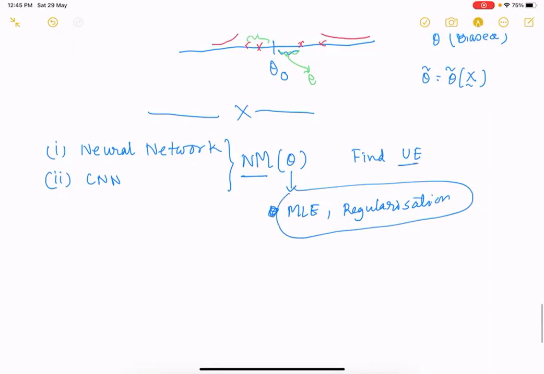Unbiased estimator is a cute concept, but it has limitations. The limitation is you can find unbiased estimators only for some limited toy examples which are available in the book.